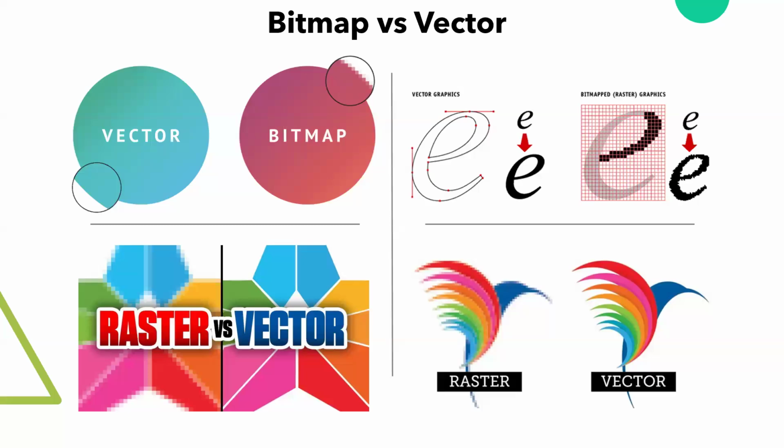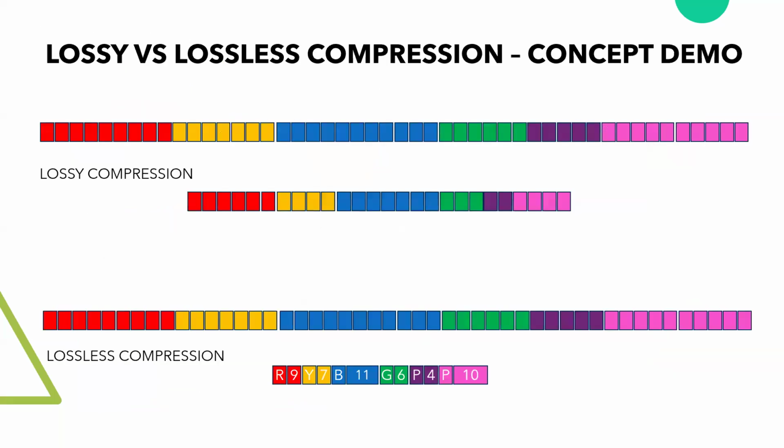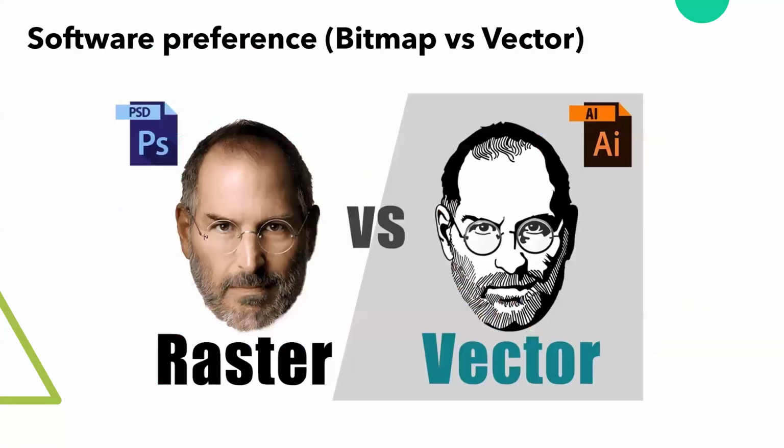Now what we are going to do is go into other aspects. Software for bitmap, you mostly use Photoshop because that's where you can do compositing. You can hardly touch your face in AI or CorelDRAW or PowerPoint or any of those, even Canva.